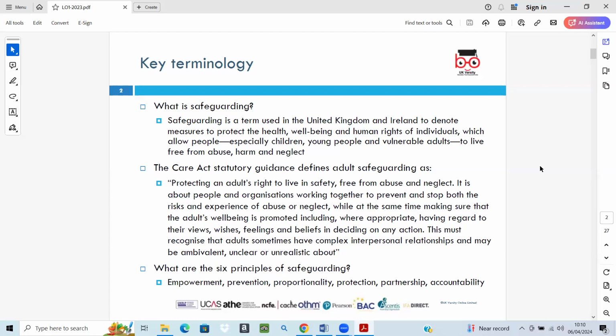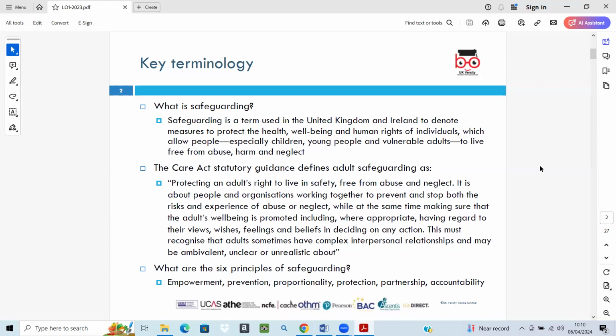What is prevention? Prevention is taking action to prevent harm or abuse from occurring in the first place. This involves proactive measures to identify and mitigate potential risks. Everything which we do is for the prevention purpose.